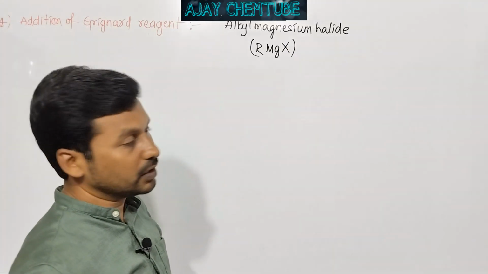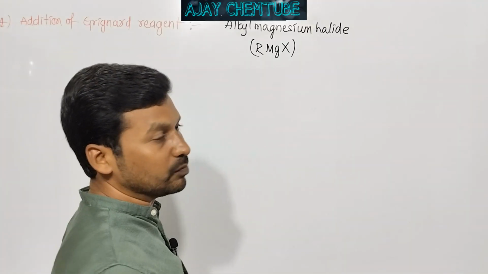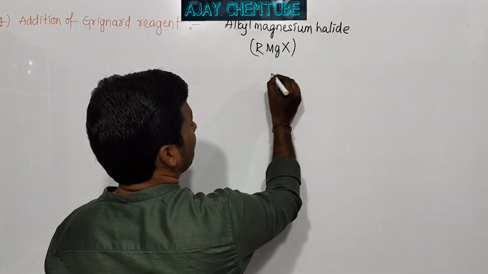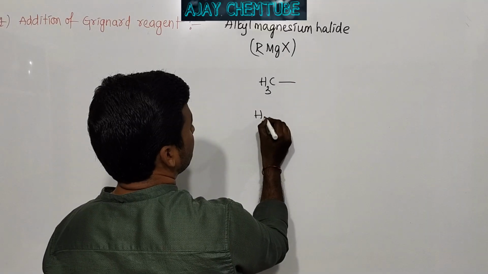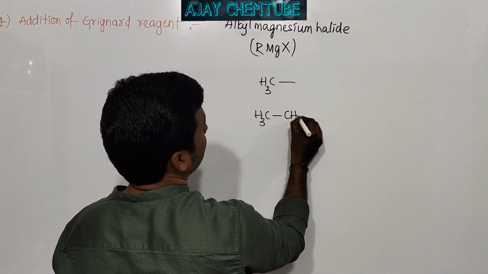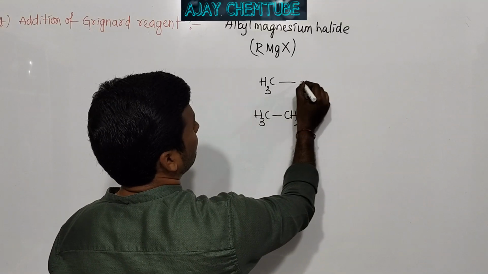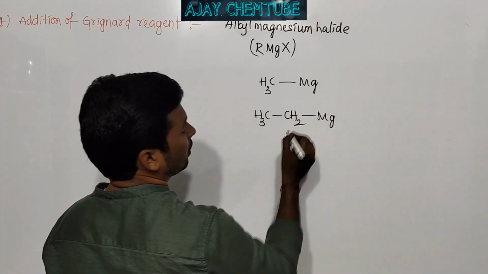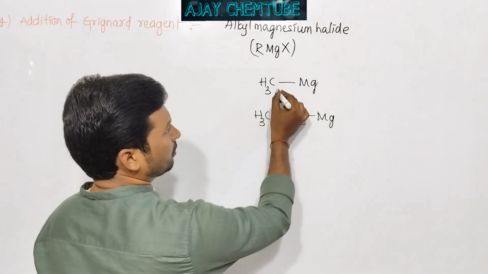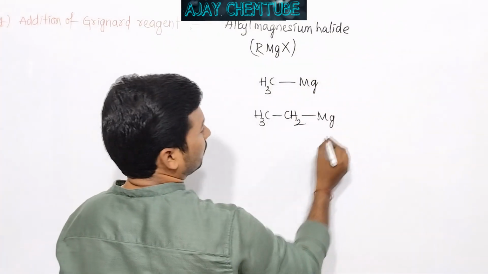What are organometallic compounds? There is a direct bond between carbon and metal. Here R may be any alkyl group, methyl or ethyl, like this. So there is a direct bond between carbon and magnesium.